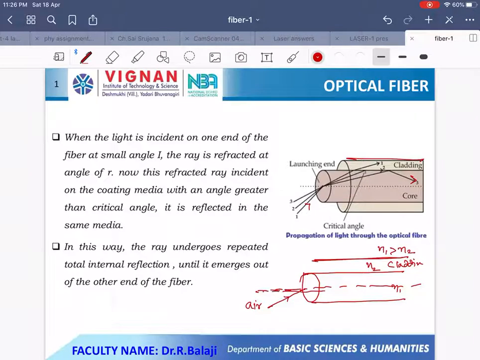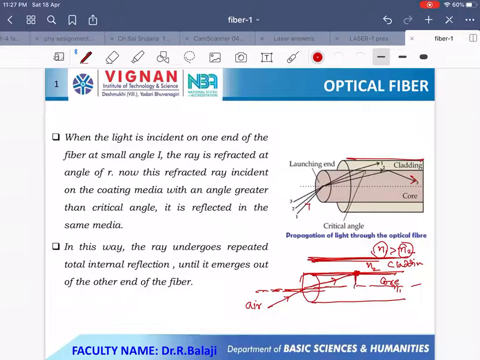Then the ray bends towards the normal and is incident at this position. Now the ray enters from the core region to the cladding region, at the interface of core and cladding. The core refractive index is more than that of the cladding, so the first condition of total internal reflection is satisfied.